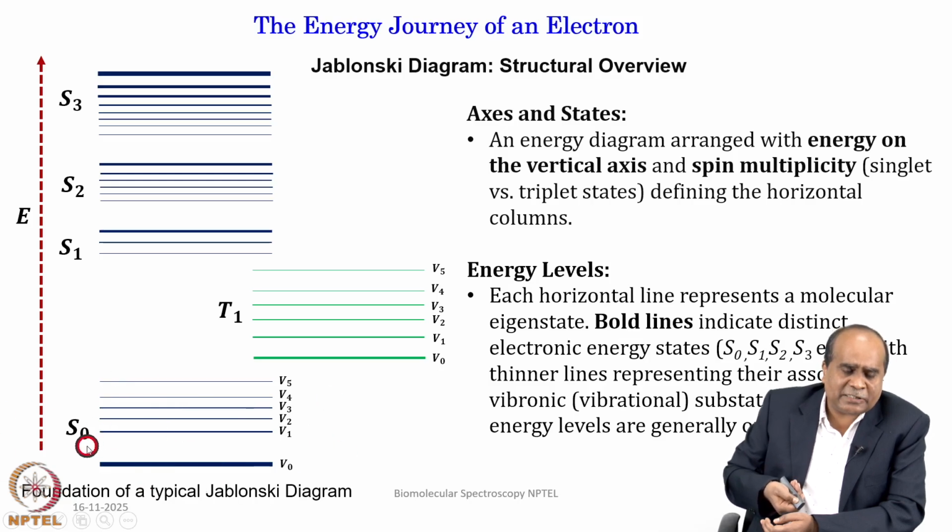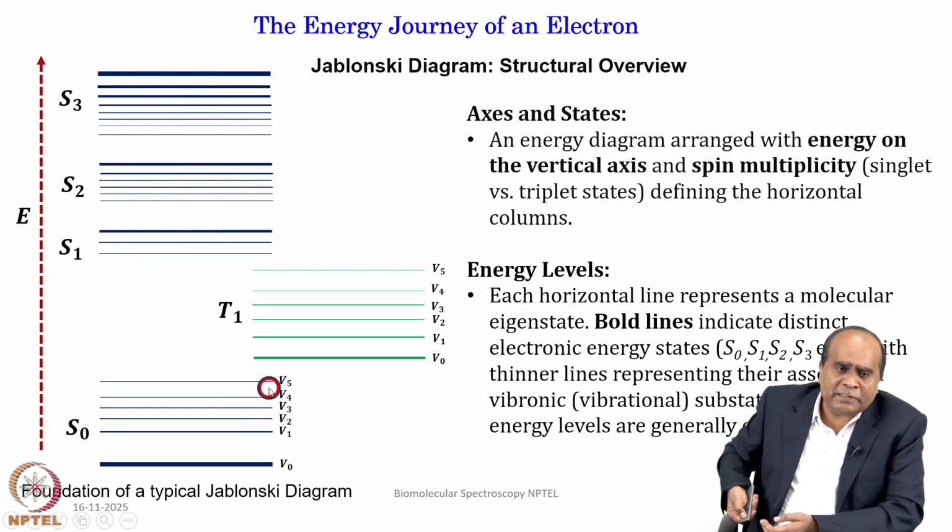We start with S0, the electronic ground state, then the first excited state, second excited state, third excited state, and so on. In each excited state, there are different vibrational levels, V0, V1, V2, V3, V4. Similarly, in S1 there will be V1, V2, V3, V4, S2 the same thing, and S3 likewise.